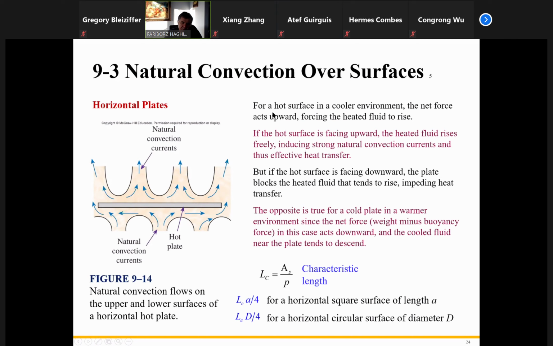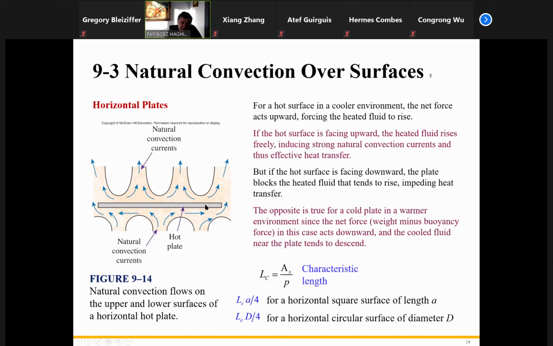Here, for a hot surface in a cooler environment, try to imagine it: the surface is hot and the room temperature is lower.